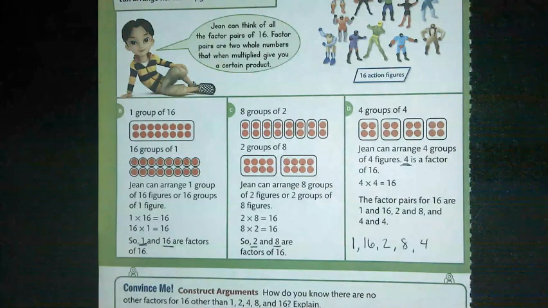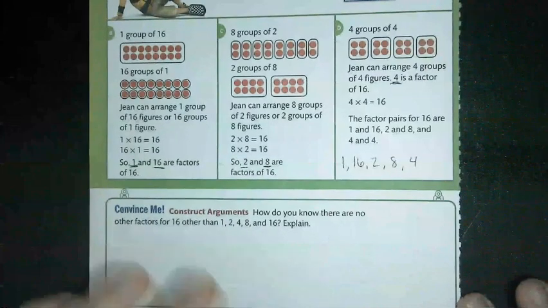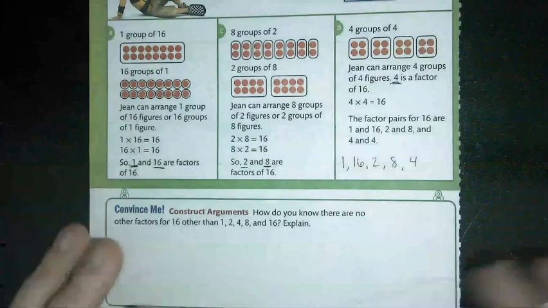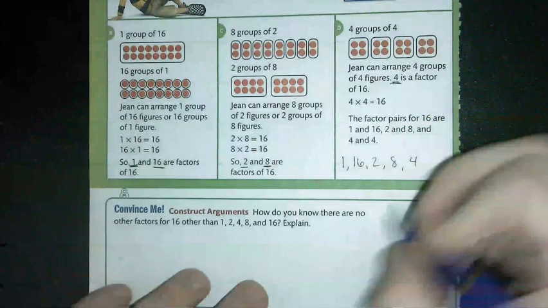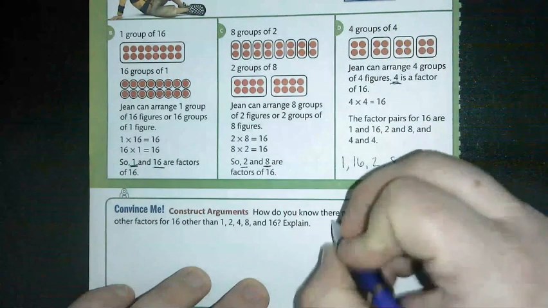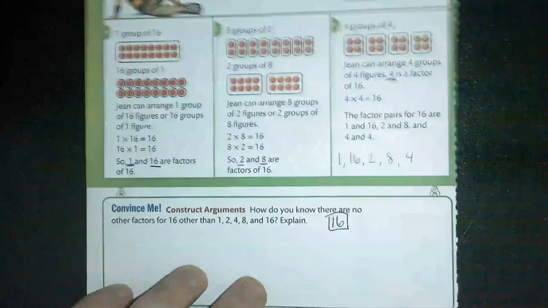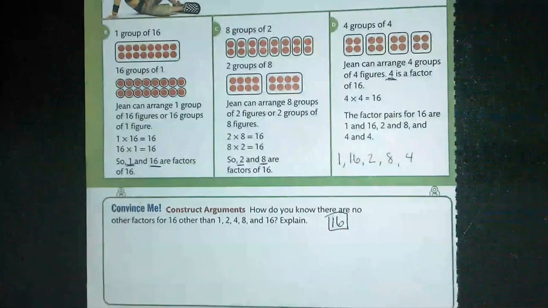So what I like to do is slide down here to where it says convince me. Here's what I like to do when I'm working on a problem like this. If I want all of the factor pairs of 16, I'm going to do what's called rainbows. I'm going to make my factor rainbows.